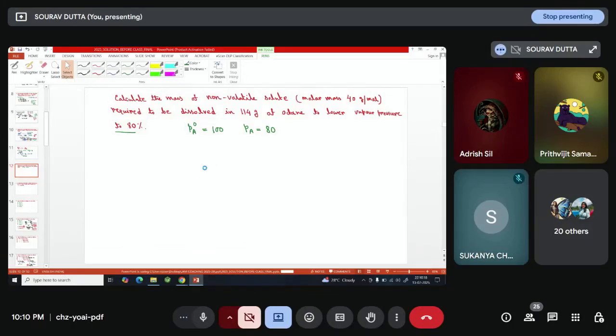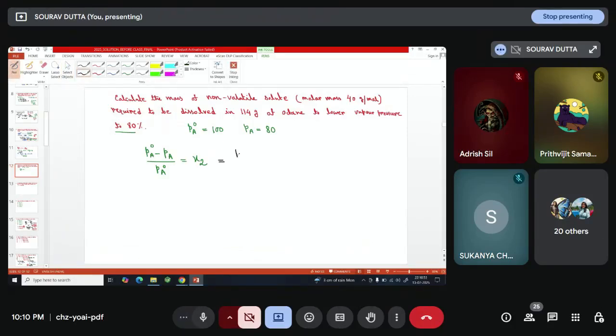So now you put Raoult's law of relative lowering of vapor pressure: (PA naught minus PA) divided by PA naught equals XB, the mole fraction of B. You can calculate this value.